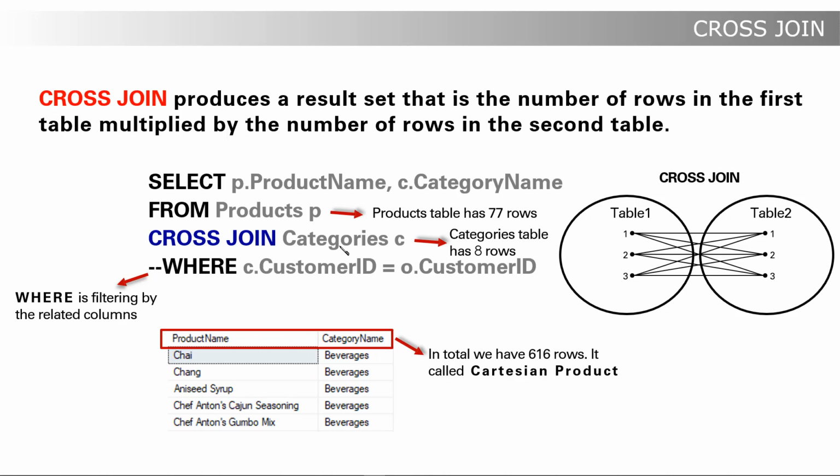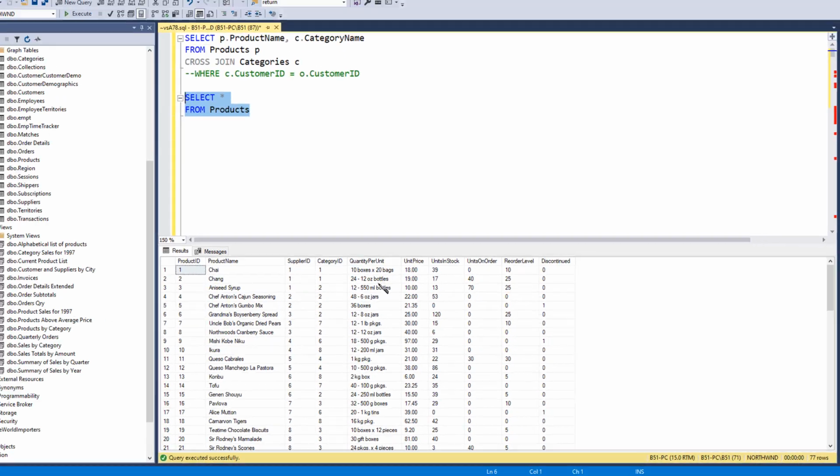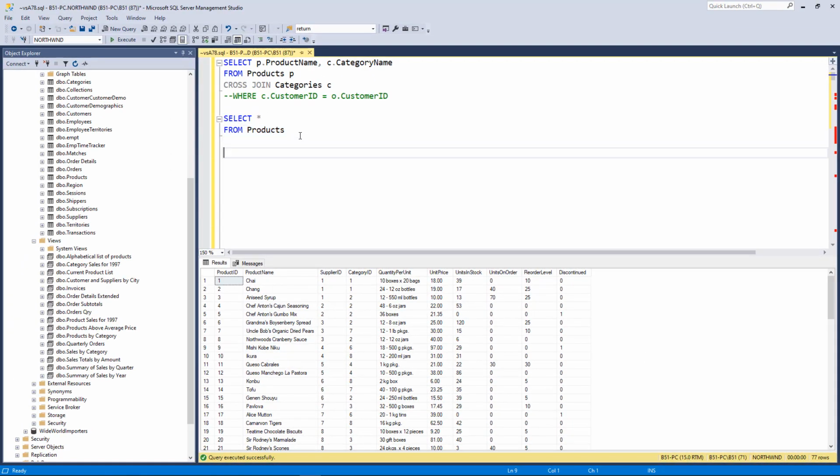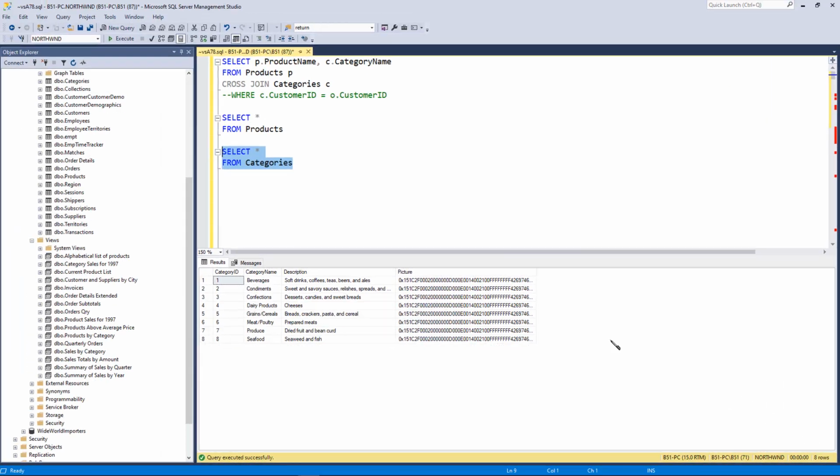Let's see it in an example in the SQL Server. So here we have the products table. Let's just run the products table. So select asterisk from the products table, and when running it, we have 77 rows. If we run only select asterisk from the categories table, we have 8 rows.